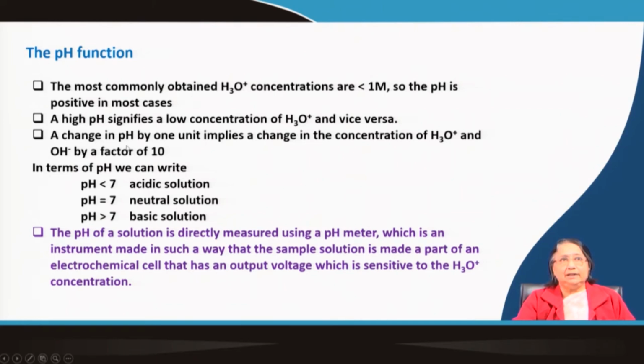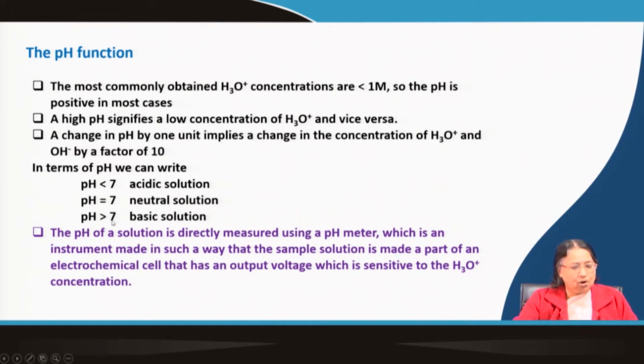A low pH signifies a high concentration of H3O+ and vice versa, and a change in pH by 1 unit implies a change in the concentration of H3O+ and OH- by a factor of 10. And we can easily say that for a neutral solution the pH is 7, for an acidic solution the pH is below 7, and for an alkaline or basic solution the pH is above 7.